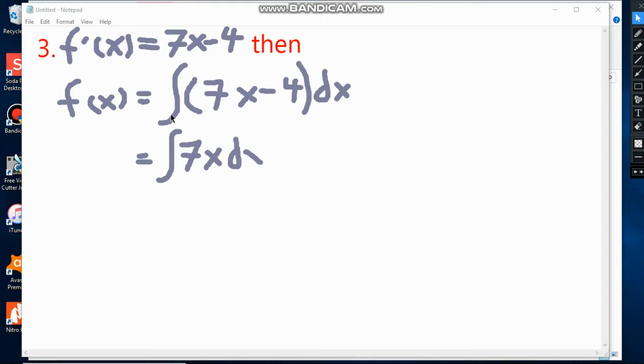So when we multiply by the integral, we get 7x, and the same, when we multiply by dx, we get dx. Minus, we multiply by the integral the constant 4, and then we multiply by dx.